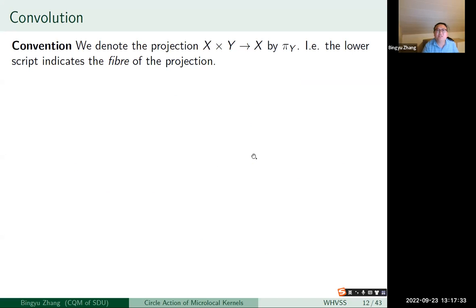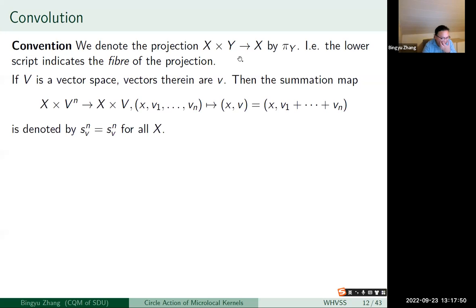Okay, let me introduce a notation called sheaf convolution, which is a variant of the Euro sheaf composition, which more often appears in the theory of algebraic geometry, called Fourier-Mukai theory. If we have a product bundle, we denote the projection by pi, and the lower subscript denotes the fiber of the projection.